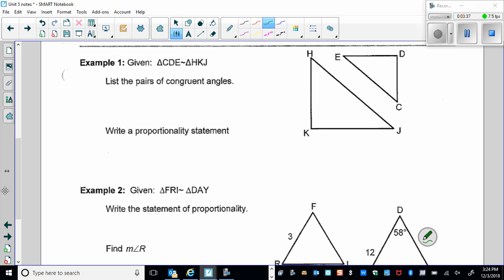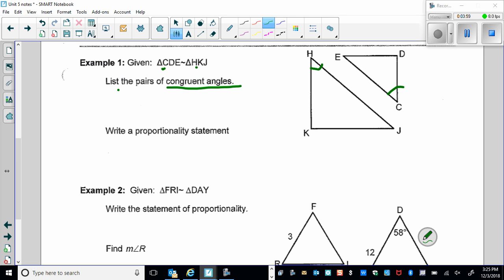Given triangle CDE is similar to triangle HJK. The first thing they're asking you is to list the pairs of congruent angles, right? Even if I don't see any markings for the triangle, I look at C, which is in the same location as H. That means C and H are going to be congruent.